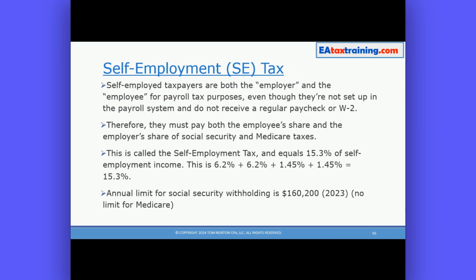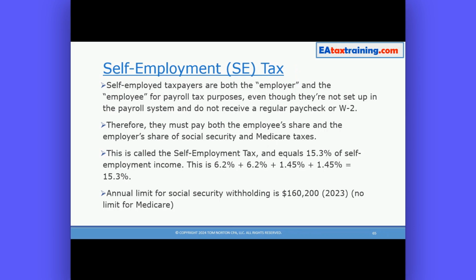So you have to pay into Social Security and Medicare somehow. So the way you do it is through the self-employment tax. So you are going to pay both the employer and the employee's portion of Social Security and Medicare. That equals 15.3% that you are going to pay in. So the self-employment tax is 15.3% of your net income from self-employment.